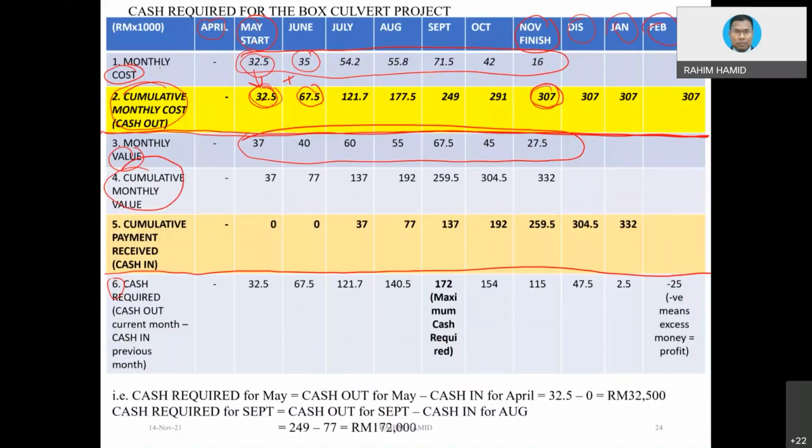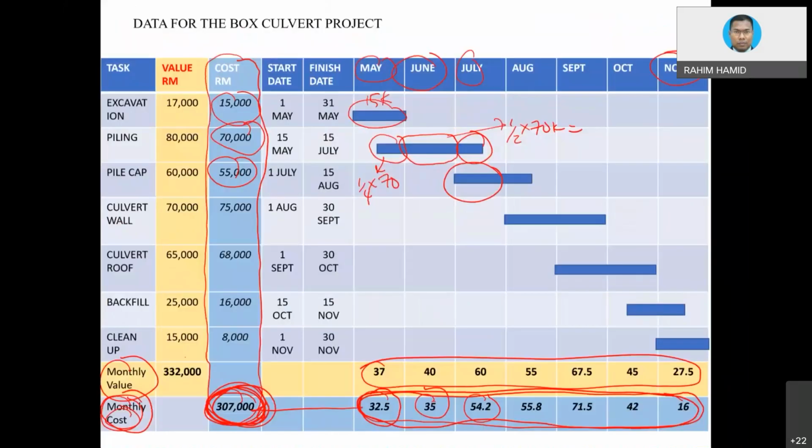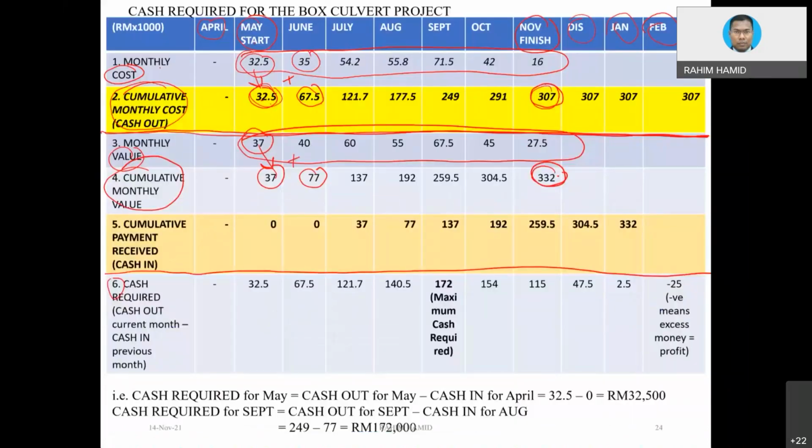So the first month, you put it here, and then 37 plus 40 equals 77, etc. And you notice 332 is the same thing that we already calculated here. You see, all the same kind of value, except one is monthly, and row number 4 is cumulative. Okay, next, row number 5 is the cumulative payment received.